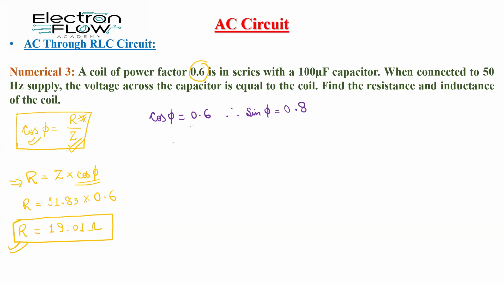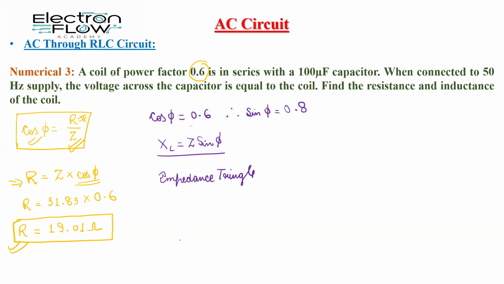So I can rewrite that XL is equal to Z sin phi. I am writing this expression from the impedance triangle.